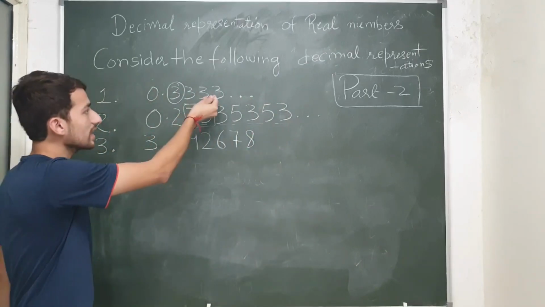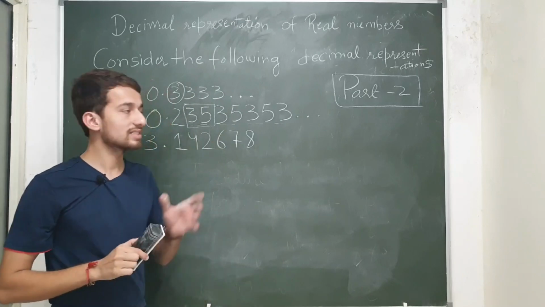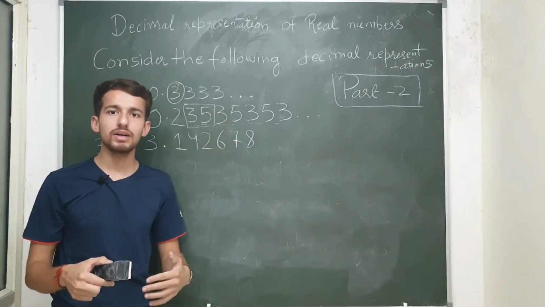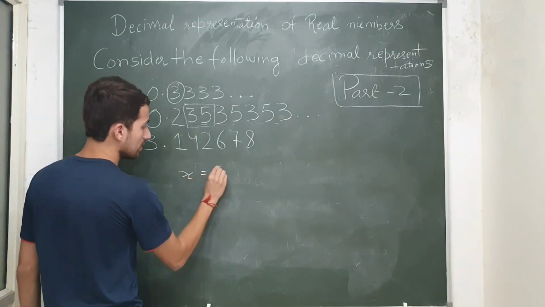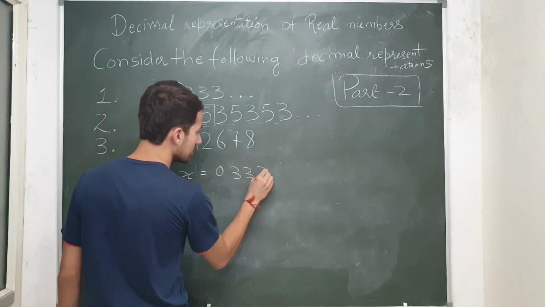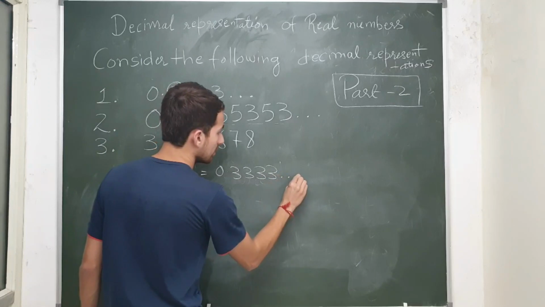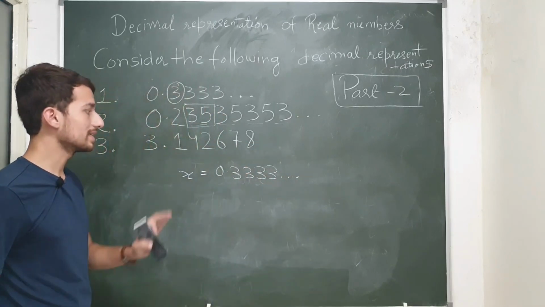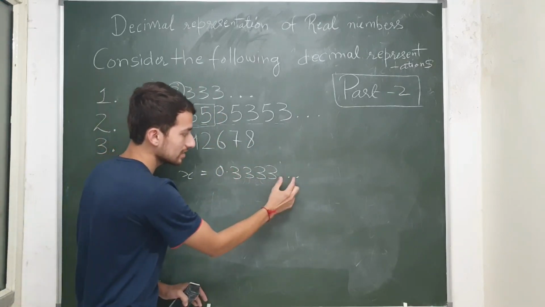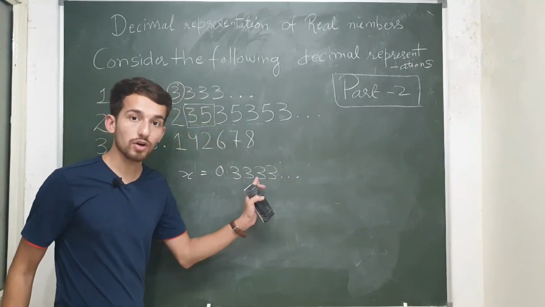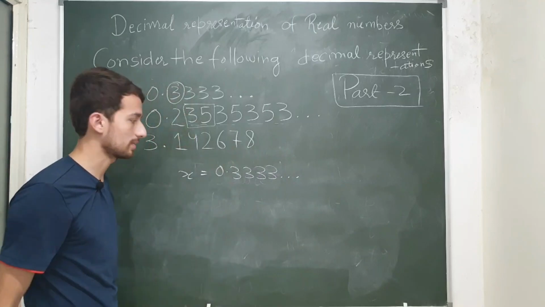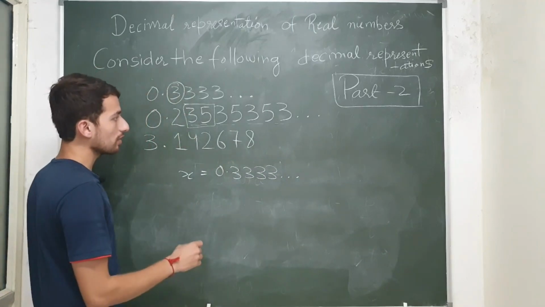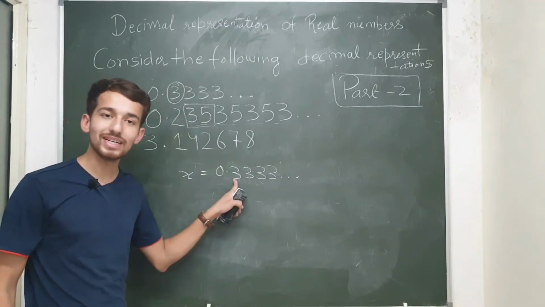Consider this number. Since I don't know what this decimal quantity is, let me call it x. So my x is 0.333, and the ellipsis means this string of threes goes on forever. We have observed that only 3 is repeating, only one digit.